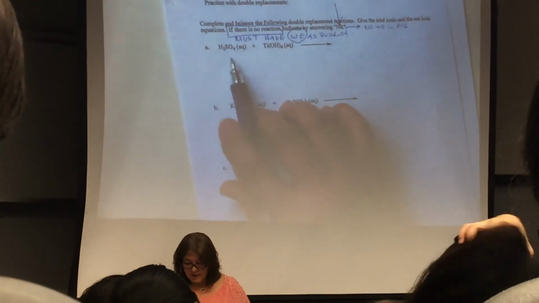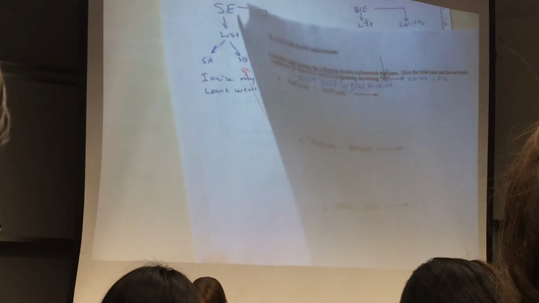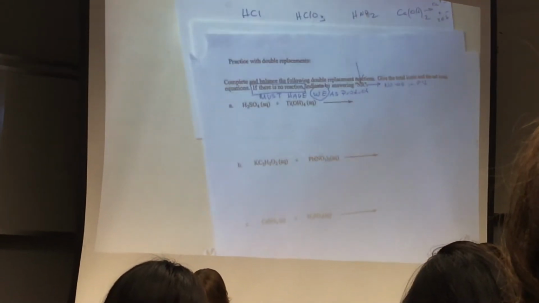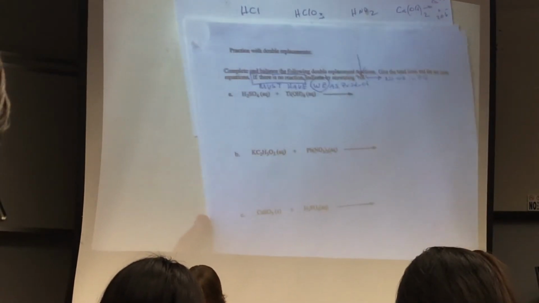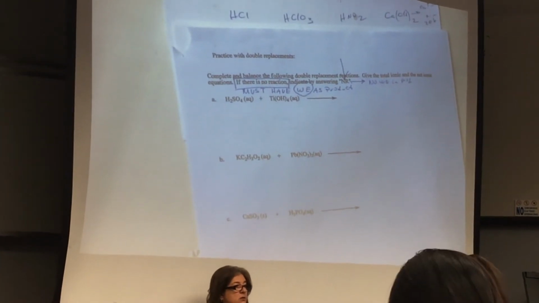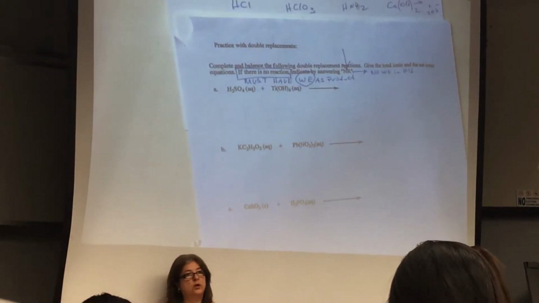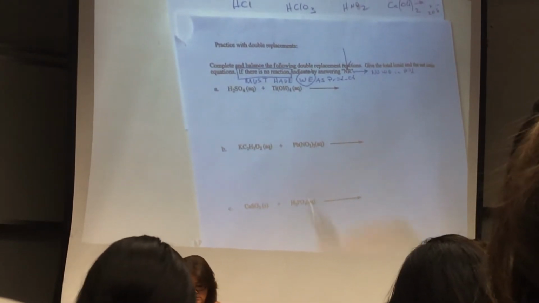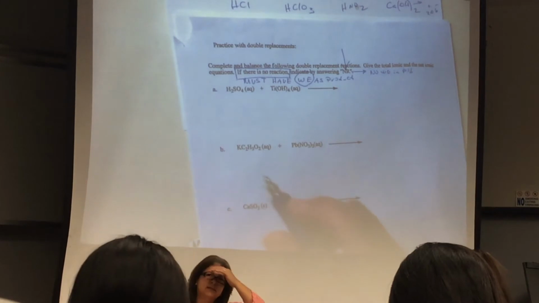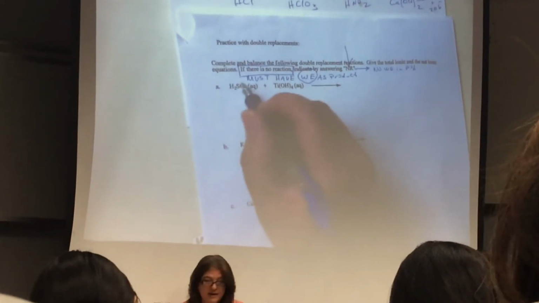So the first one is a double replacement reaction. How do I know it's a double replacement reaction? An acid and a base, so what's that? A neutralization, correct? And how do you do the double replacement? What did we talk about, pluses and minuses, last time? Positive and negative. The positives we have on the left and the negatives are on the right.